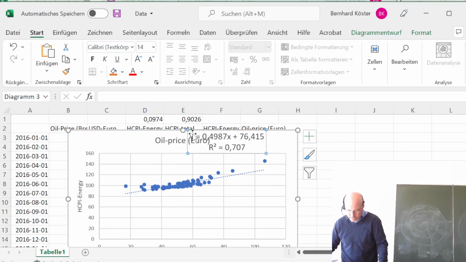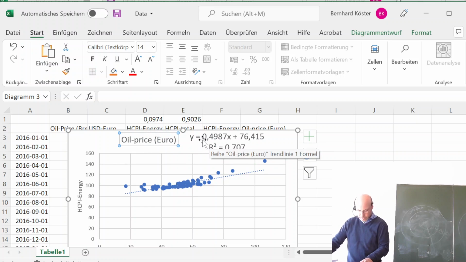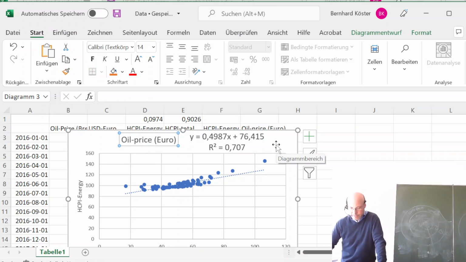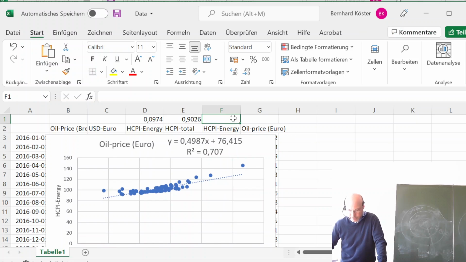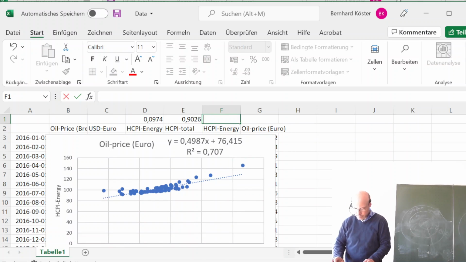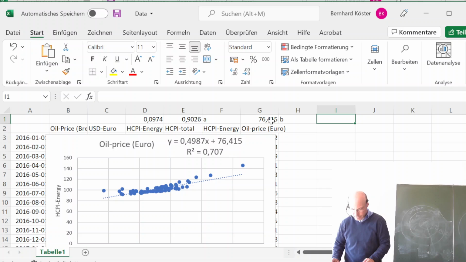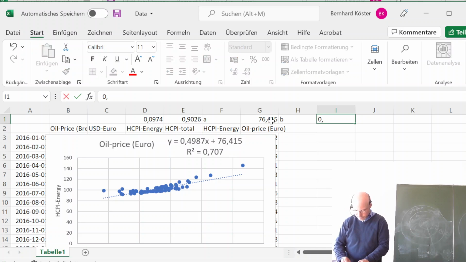So, and these numbers we want to use for our forecast. So let's take here A is 76.415 and the slope B is 0.4987.